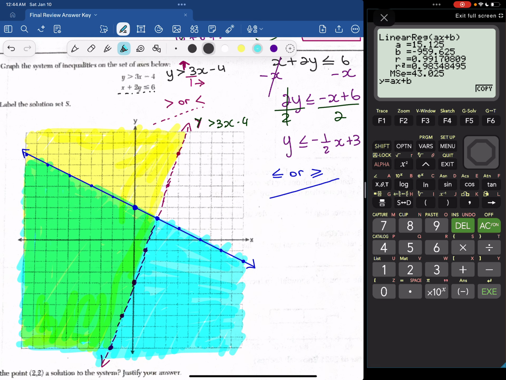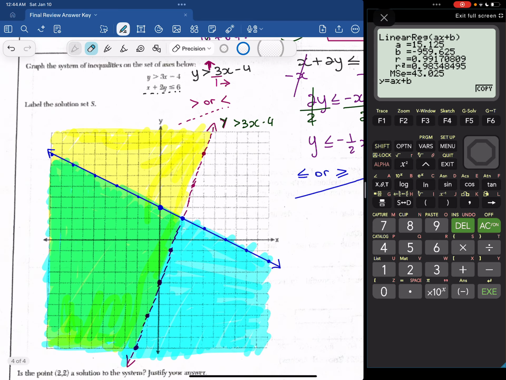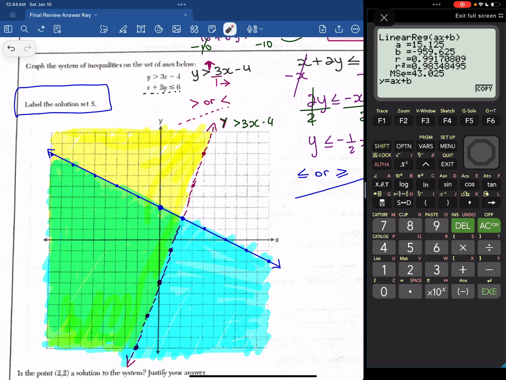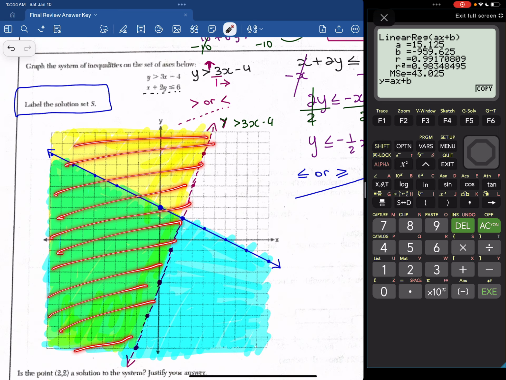So now we need to decide where to put our solution set, right? So right here it says label the solution set S. So if you notice, when we shaded, this region of our graph got shaded twice. This is our double shaded region, right? We first shaded above our dashed line, and then we shaded below our solid line.